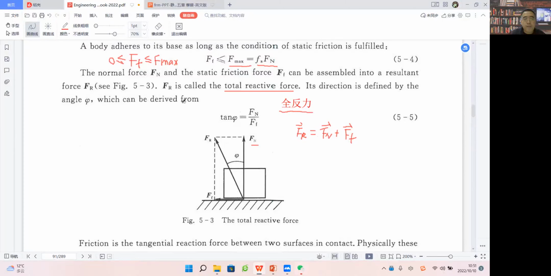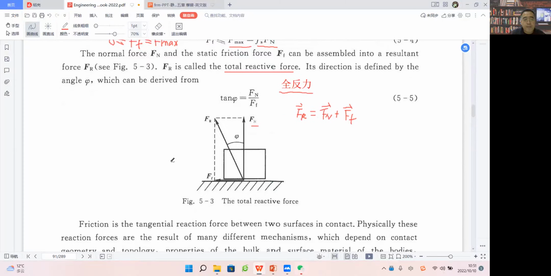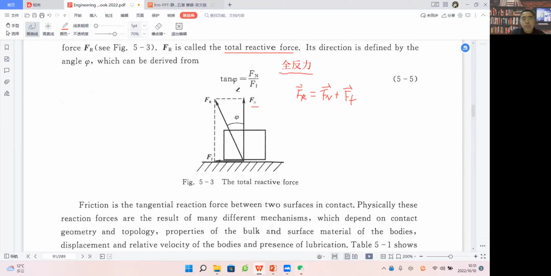Which can derive from what? So actually we have this tangent phi will equal FF over Fn. I think this is not correct, because this is FF, so this expression is not correct.